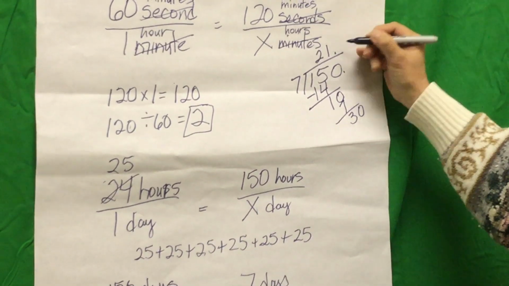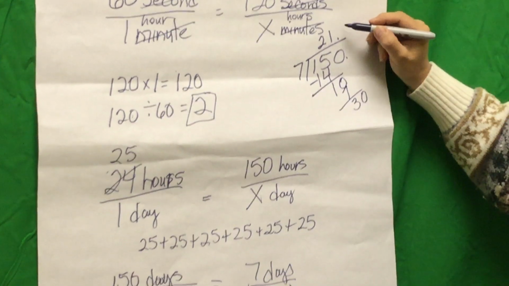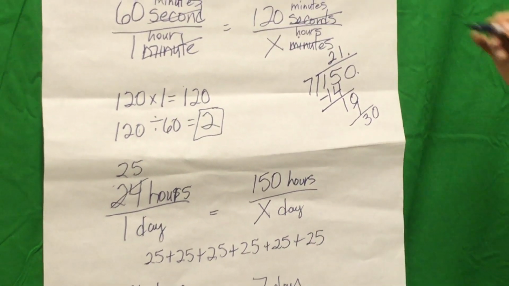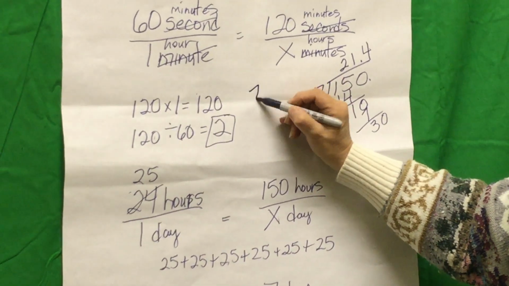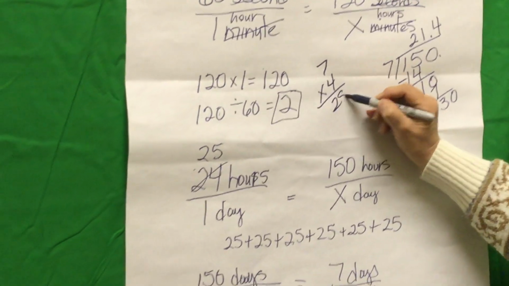So it goes into a point. So that would be 7 goes into 30 about 4 times, because 7 times 4 equals 28.